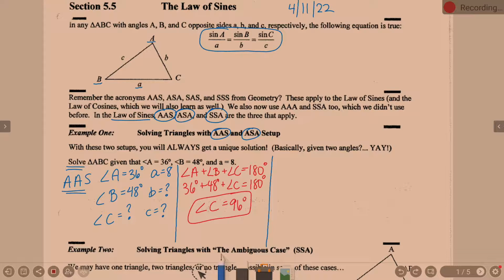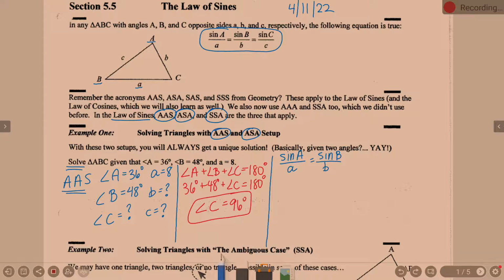And what I'm going to set up, and I'm going to write it out before I fill it in, is that the sine of angle A over side A is equal to the sine of angle B over side B. So I'm just setting the A's equal to the B's. Fill in what you know.